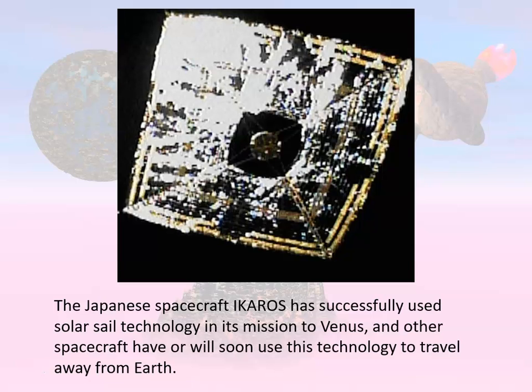Now, one of the ideas is that very tiny spacecraft could potentially use solar sail technology to accelerate a lot more quickly and visit other solar systems, like, say, the Alpha Centauri system, which is the closest star system to our Sun. In fact, it has one star, Proxima Centauri, which is the closest star to our Sun.